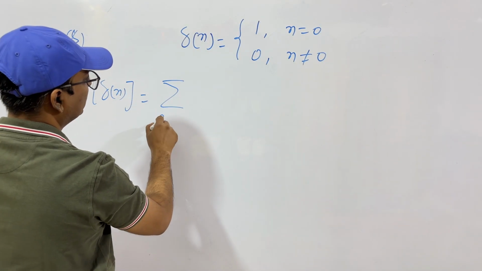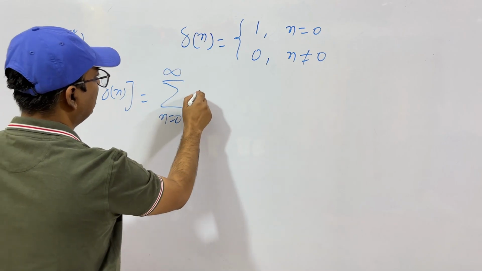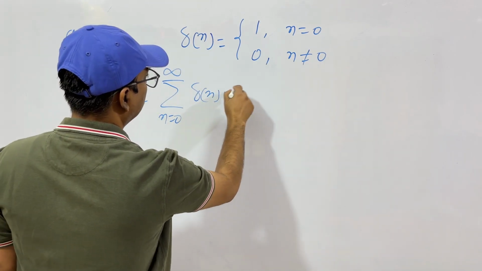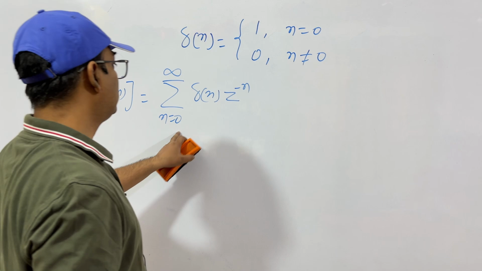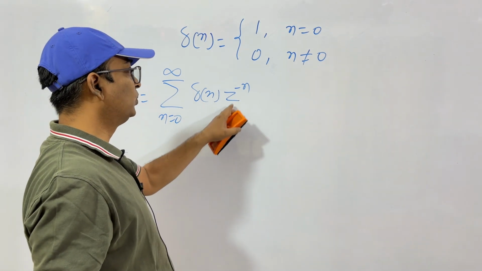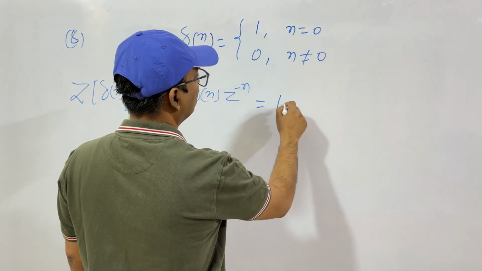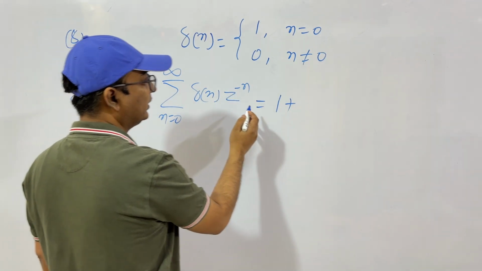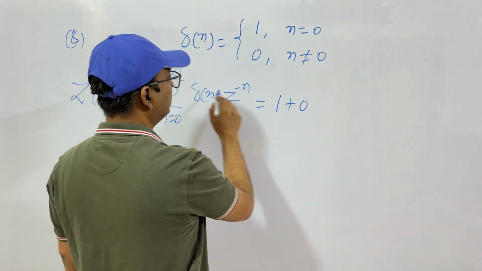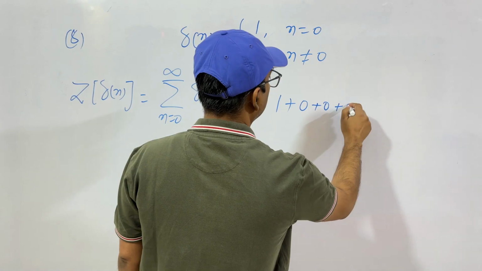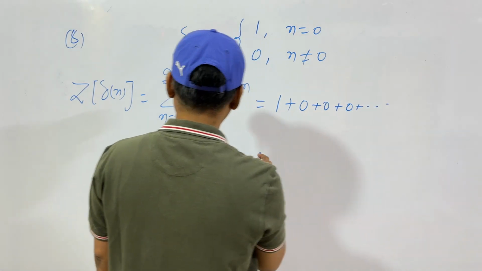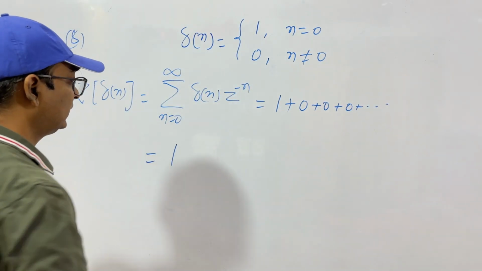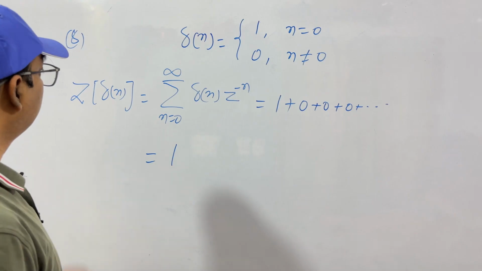So this will be, from our definition, sum n equal to 0 to infinity delta n z to the power minus n. Now when you put 0, this will be 1, this will be 1. So at n equal to 0, it will be 1. When n is equal to 1, this is 0, whatever it be. So for all other values, it will be 0. So the answer is, what you get is 1. So z transform of impulse function is 1.